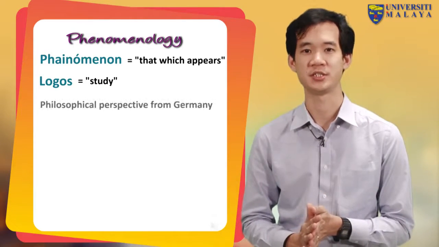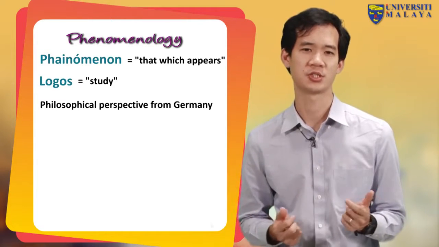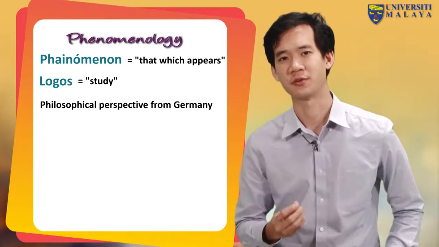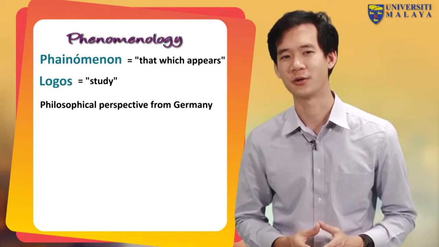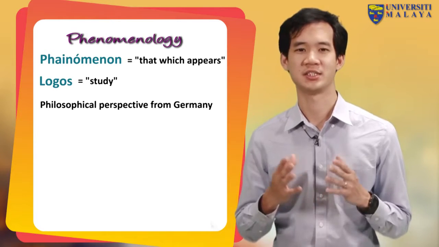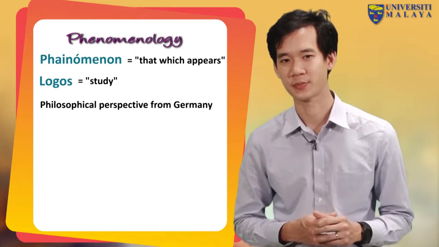Phenomenology originated as a philosophical view in Germany, where philosophers were interested in the subjective meaning of life, as opposed to the philosophy that life was all about objects interacting in logical and systematic ways with each other.